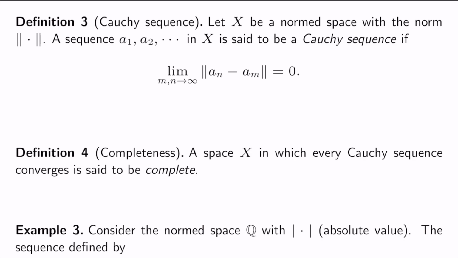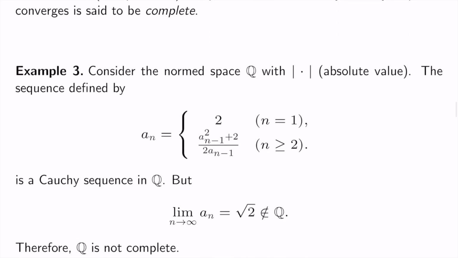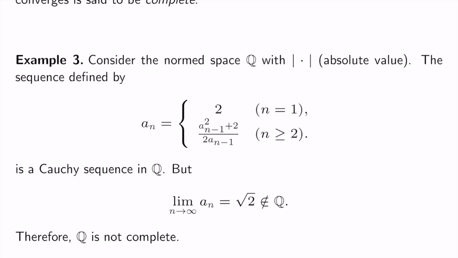Perhaps you have learned in a calculus course that every convergent sequence is a Cauchy sequence, but the converse is not always true. To see this, consider this example. Consider the normed space Q with absolute value. Q is, of course, the set of rational numbers. And consider the sequence defined by this.